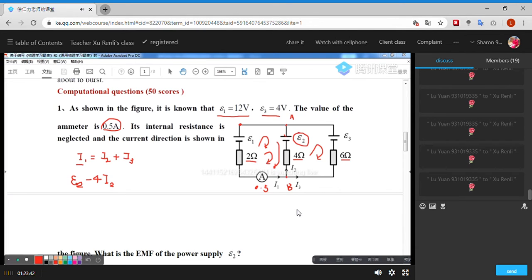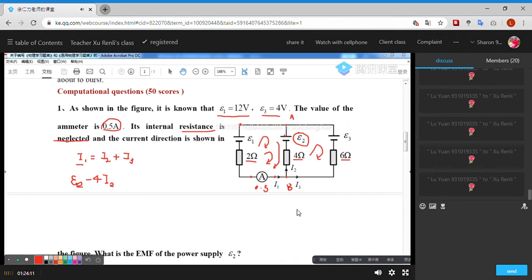For the ammeter, it has low resistance, so there is no voltage across the ammeter. There is no voltage because the resistance is neglected, so the voltage at the two ends is the same.